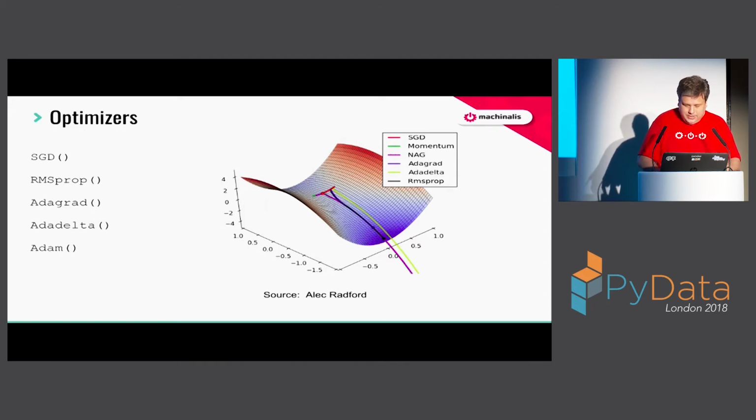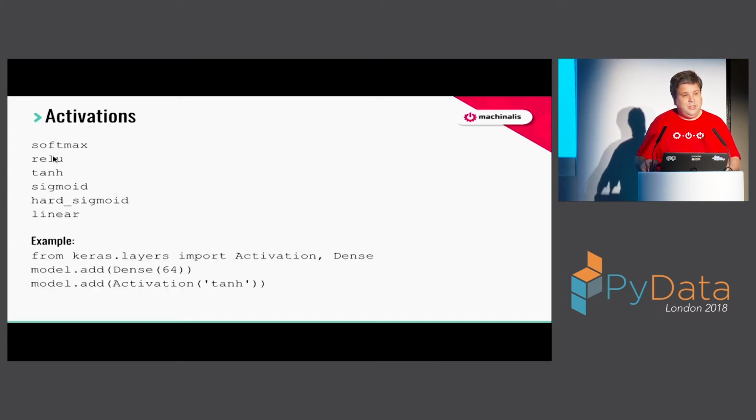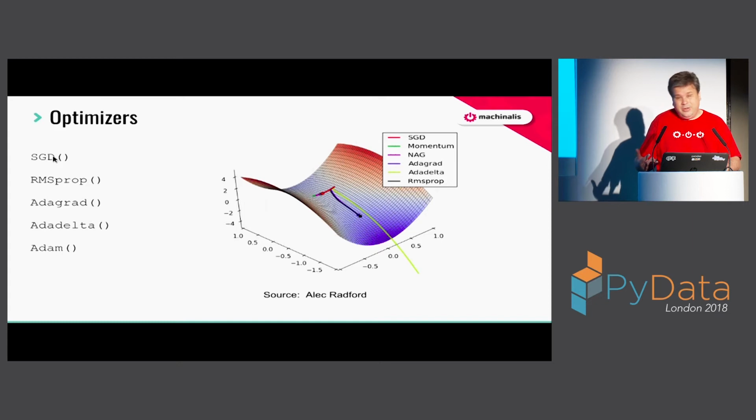As you see in this graphic produced by Alec Radford, we are comparing many different techniques in order to get the minimum of the error. Depending on the option you choose, for example, SGD, gradient descent, is the canonical way of training a network, but the results are nothing compared with more modern alternatives in terms of convergence time. So this is a very important thing to choose.